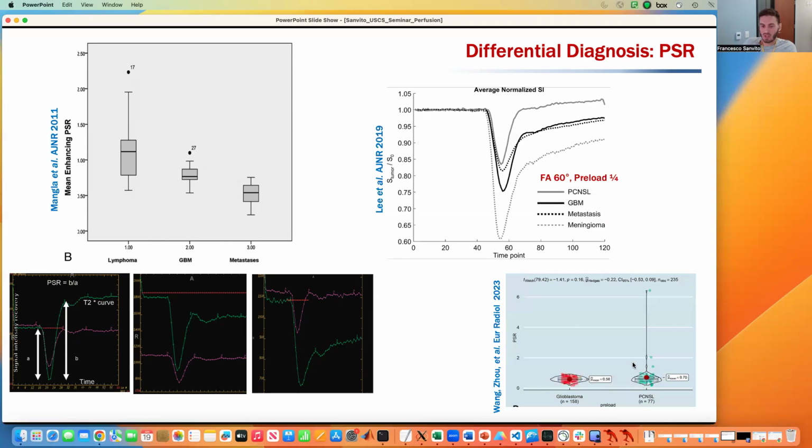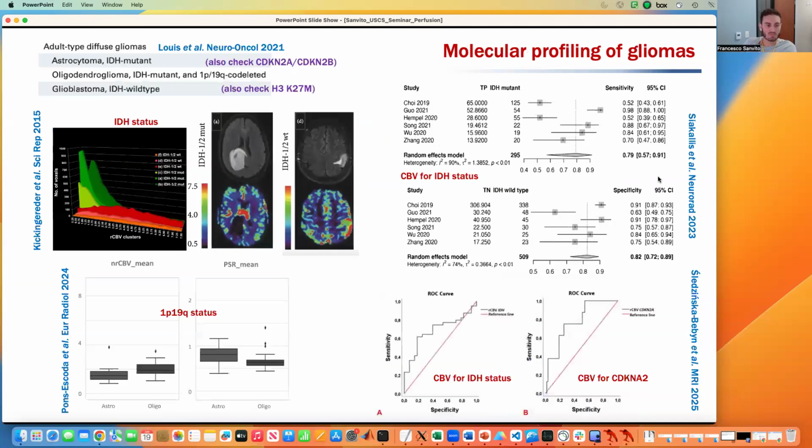Finally, this other article that I mentioned before, where a full preload means that the PSR is not going to differentiate glioblastomas from lymphomas anymore. So this is to say that if you are interested in PSR, you should actually acquire PSR optimized sequences.